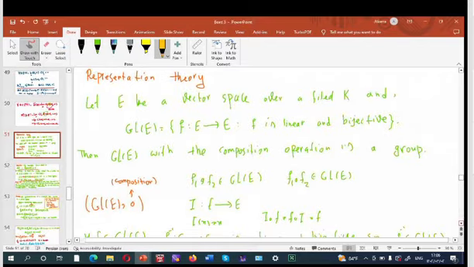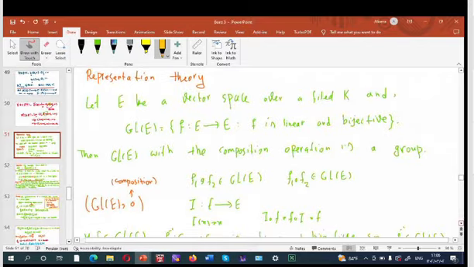Now, please see this example. Let C_K of G equal the set of all f from G to K, such that f is a function. Then this is a vector space. It is very trivial.